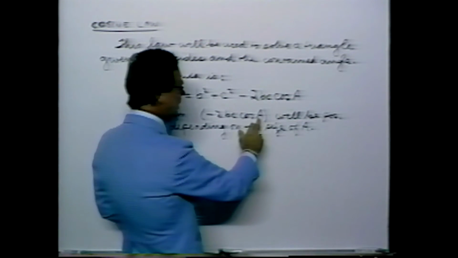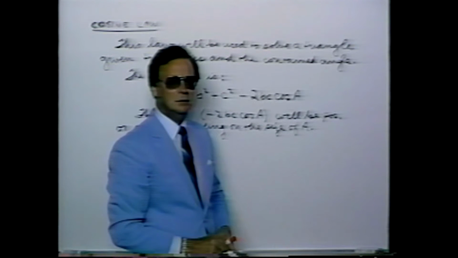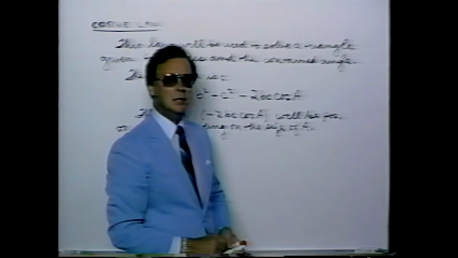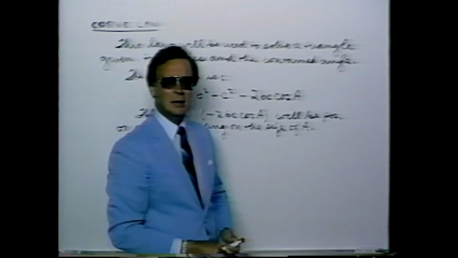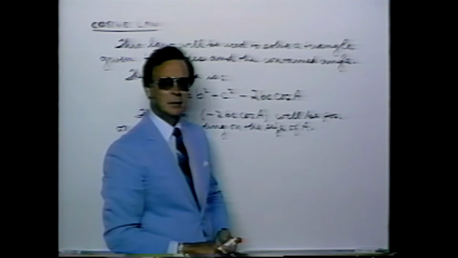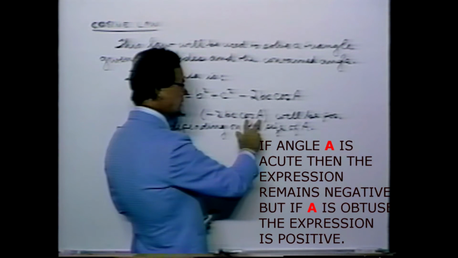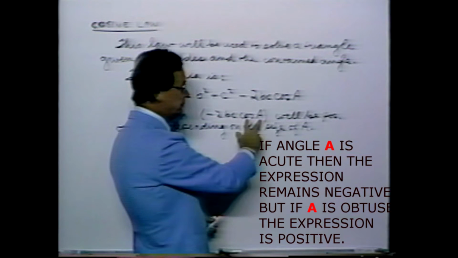But if A is a second quadrant angle that is larger than 90 and less than 180 degrees, as you would find in an obtuse angled triangle condition, the cos of the obtuse angle would be a negative quantity.